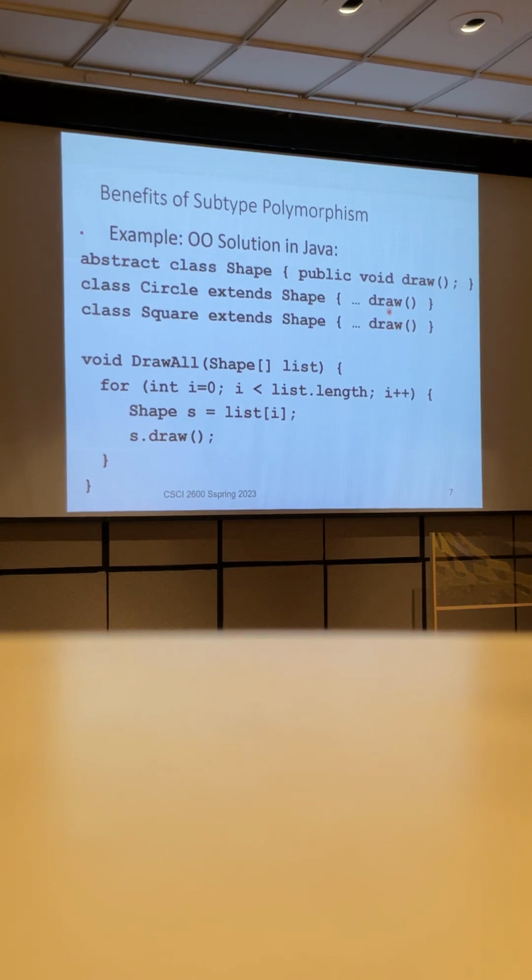But the idea is, it is the same method, it's just a more specific implementation. So you see, we declare draw in shape, and then we overrode the draw in circle and square. But since it's an override, the method name is the same, right? We no longer have to do any kind of conditional logic, right? And this code works equally well.